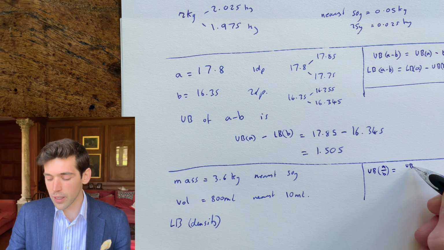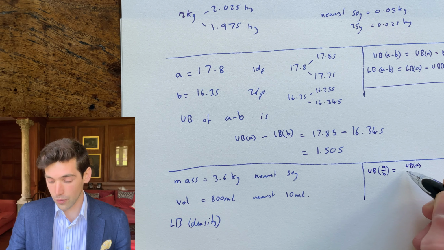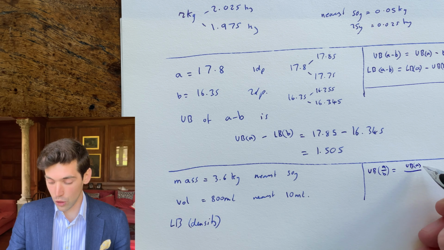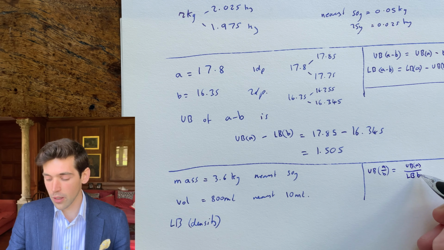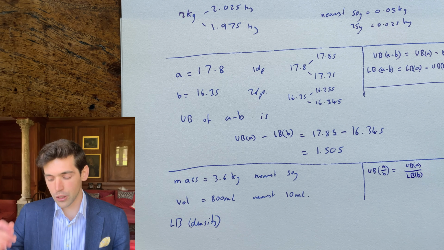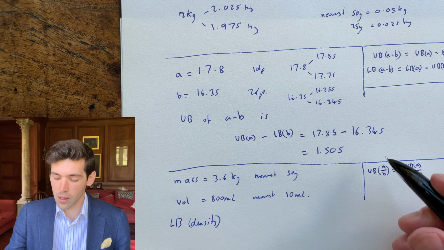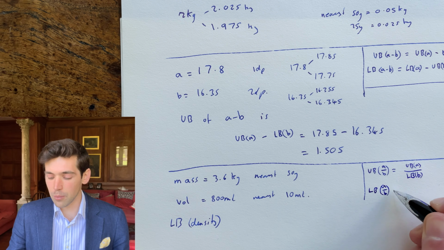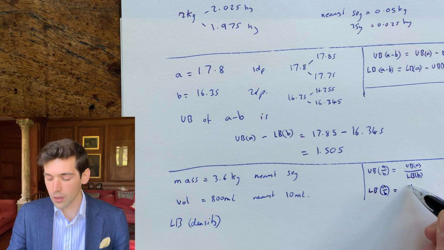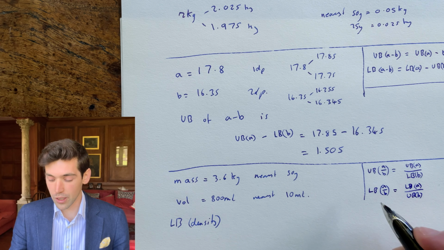What we want to do is take the highest number in the numerator, highest A, and actually divide it by the lowest B. That will give you the biggest number. So big over small gives you big. And as you can probably now tell, for the lowest number, you want the smallest over the biggest. That gives you the smallest number.